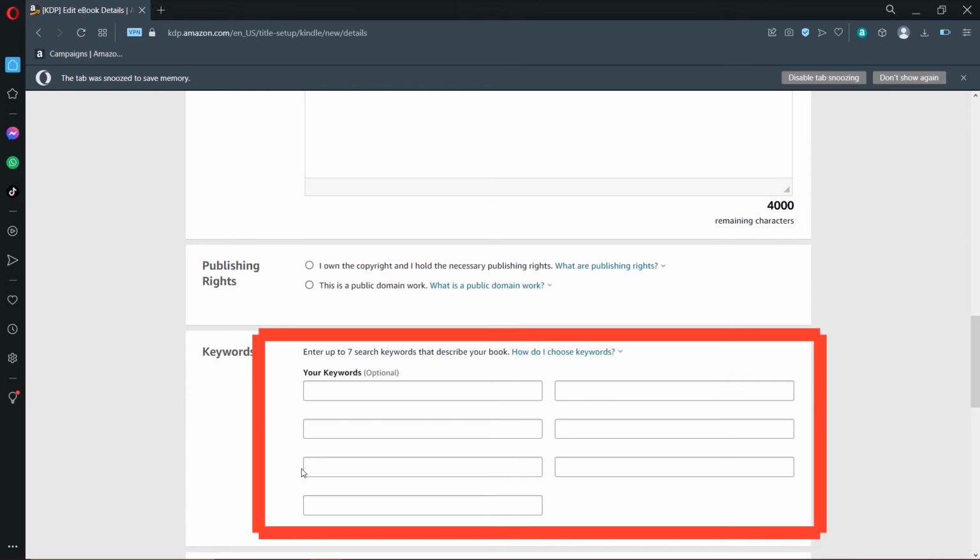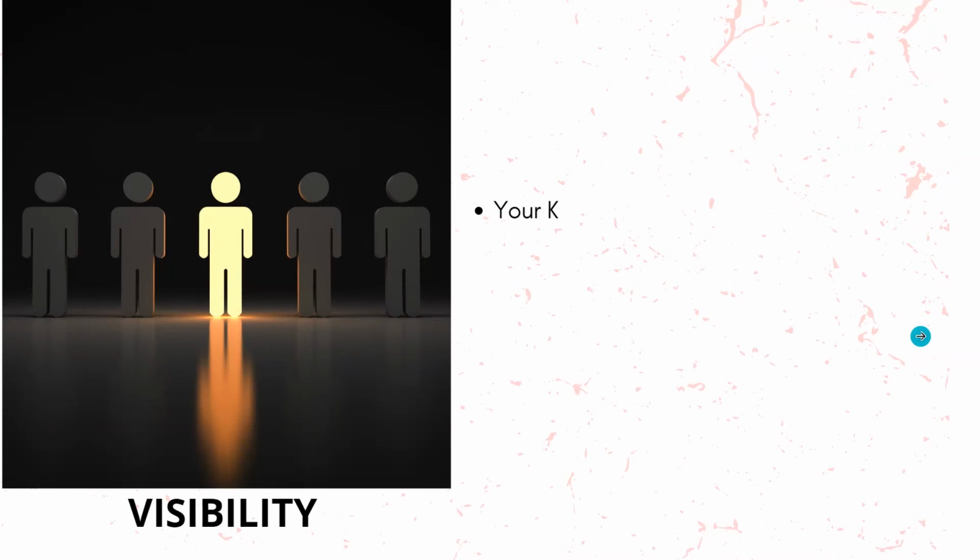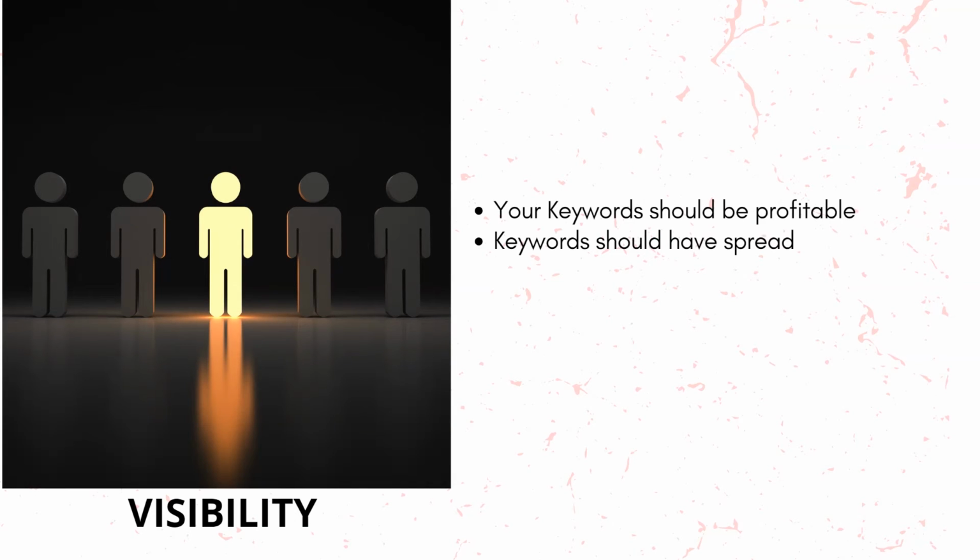Now, this keyword field is actually optional, but I am begging you, don't leave it. Make sure you fill in the 7 keywords. Your keywords should be profitable too, the same way we checked the profitability of our niche. Search your keywords.